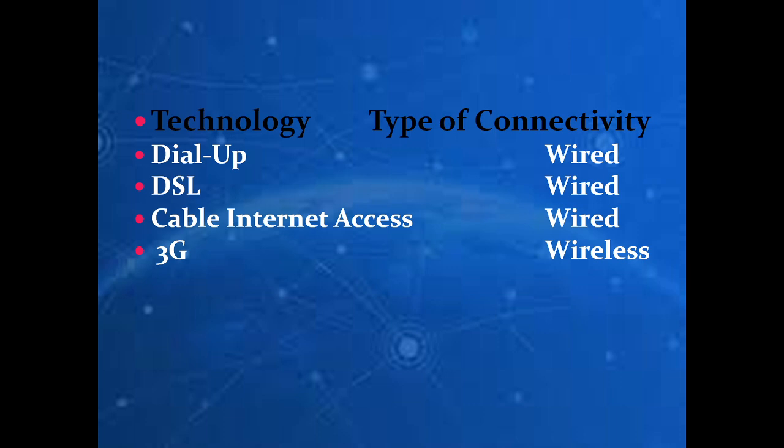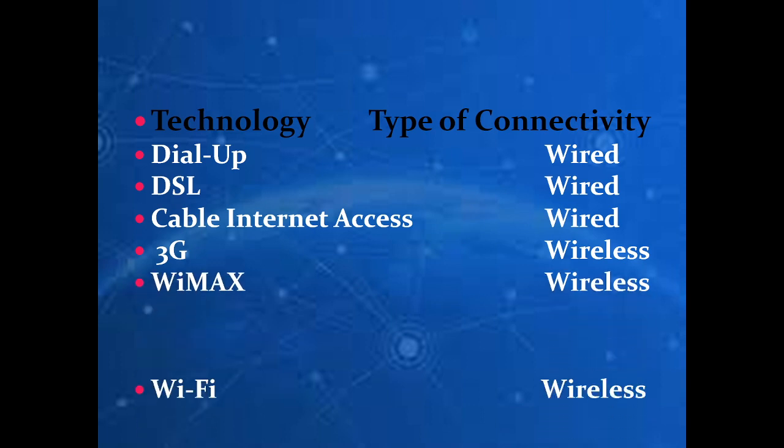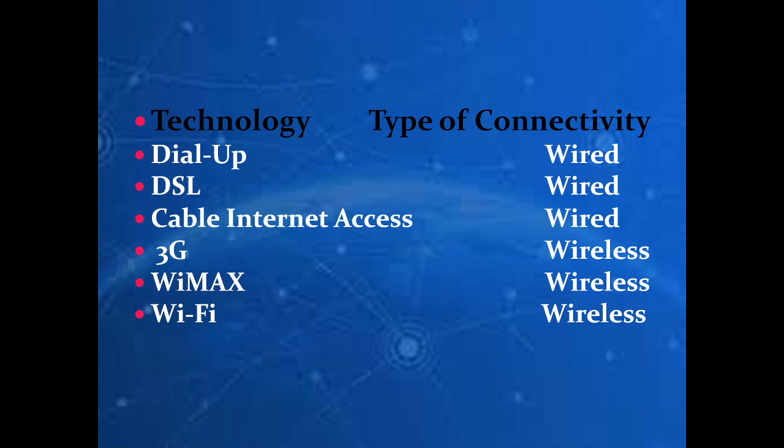The 3G term is known to you. Then again WiMAX is there and Wi-Fi. So the above three are wired technology, and the last three, the bottom three, are wireless technology. In the next topic we are going to discuss these technologies one by one.